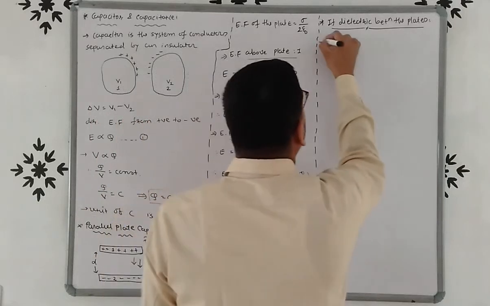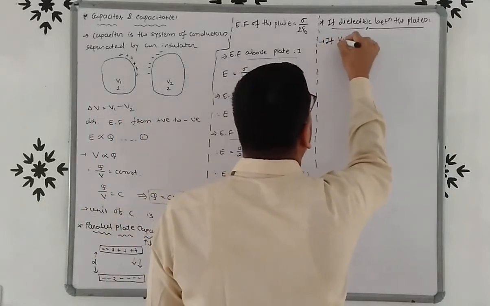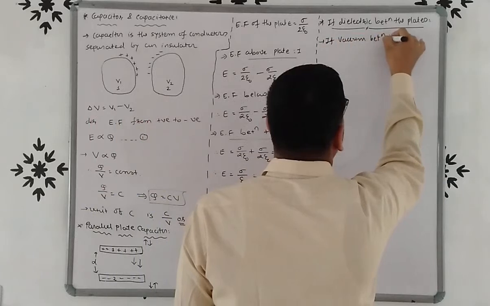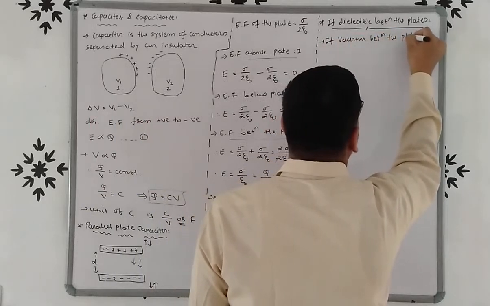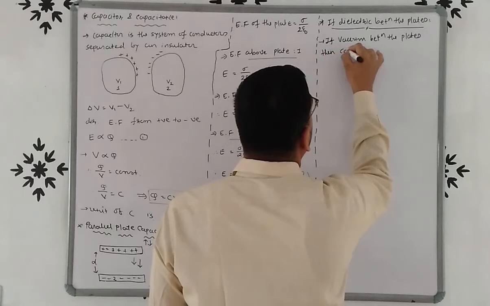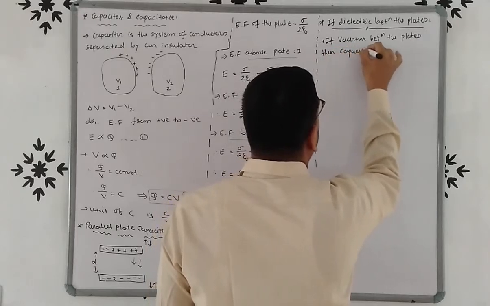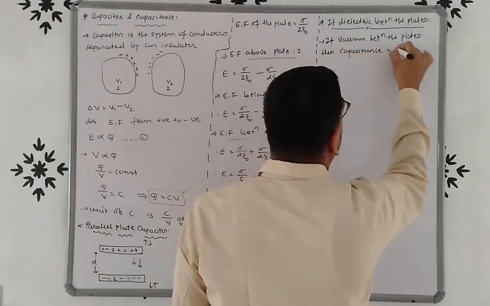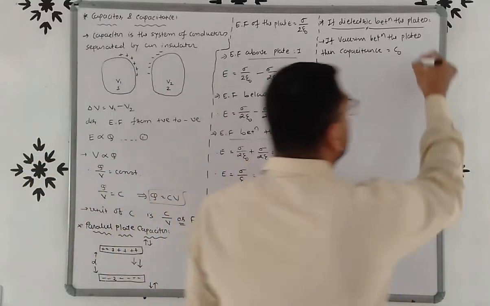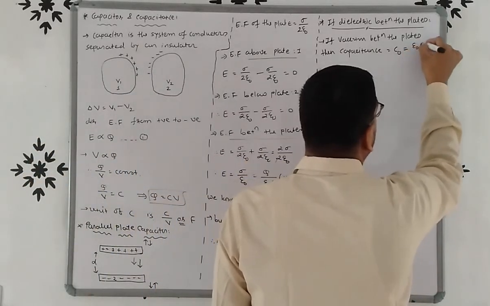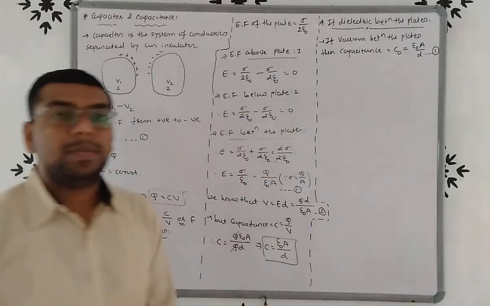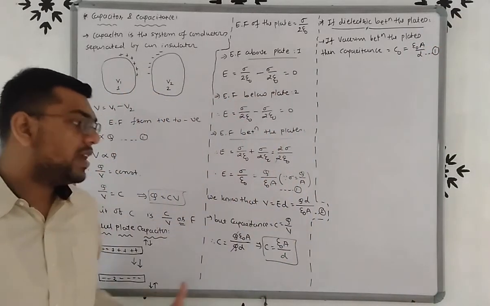So if there is a vacuum between the plates, then the capacitance, which we denote as C0 for vacuum, is C0 equal to epsilon 0 A by D. This is equation number 1, because we already derived the formula, right?